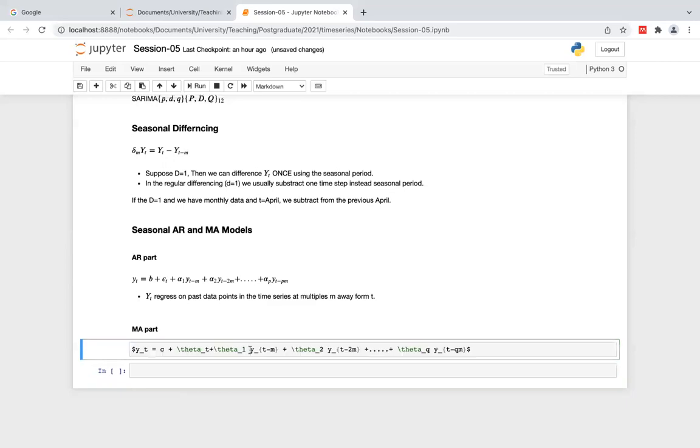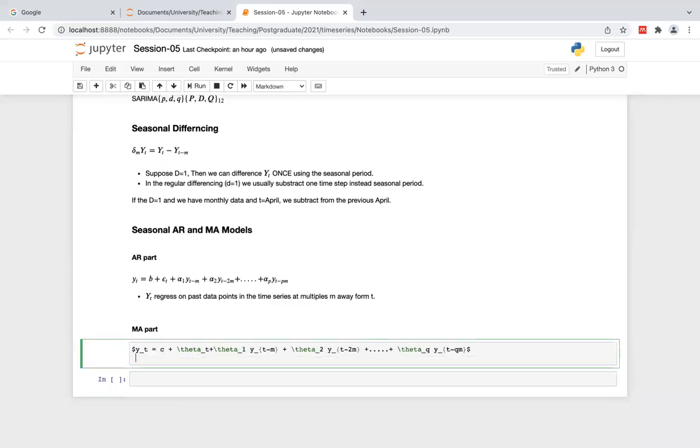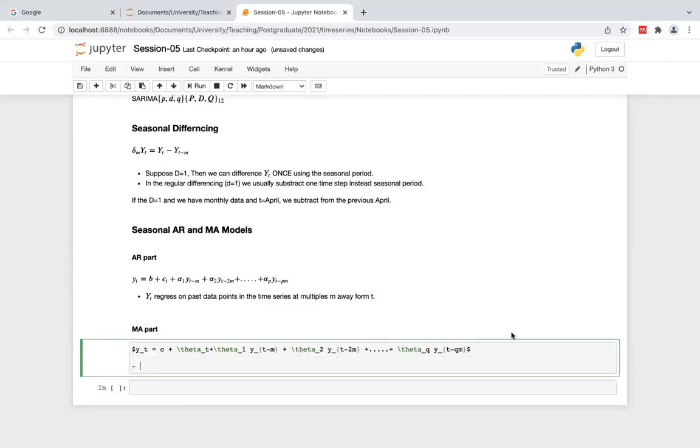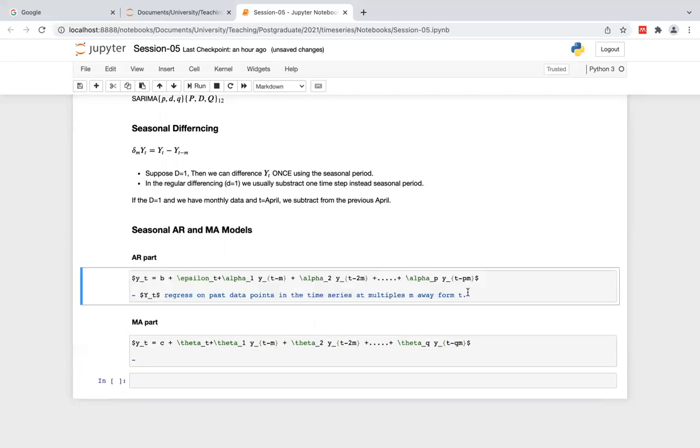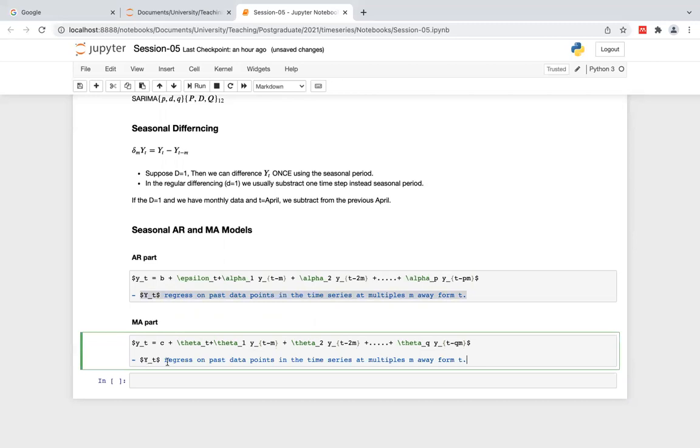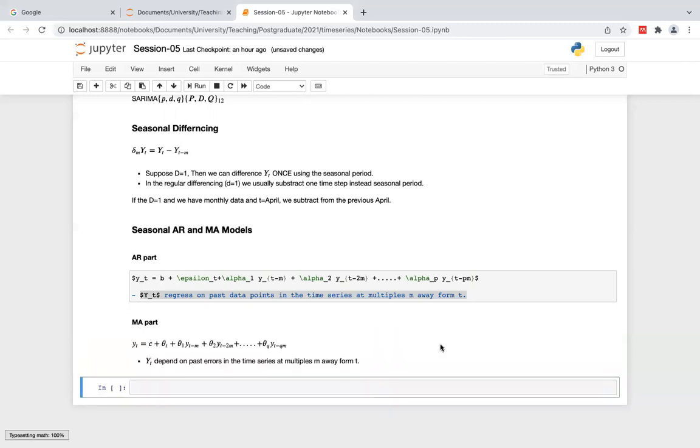That's the only thing you have to keep in your mind. Then actually we can rewrite the same thing in here as well, right? Same thing. Y t regresses or depends on past, not data points, past errors. Errors in the time series at multiples away from the target.